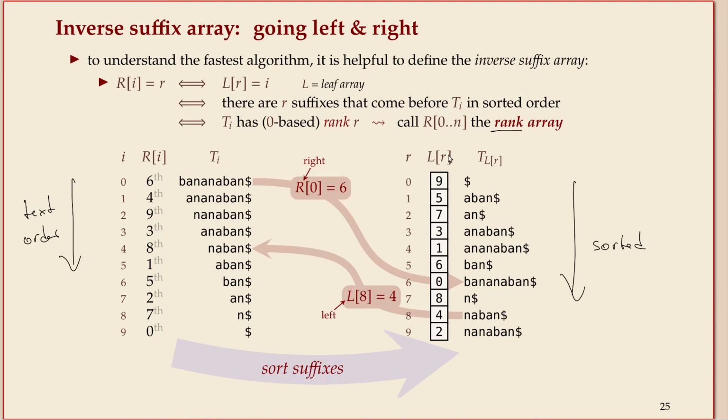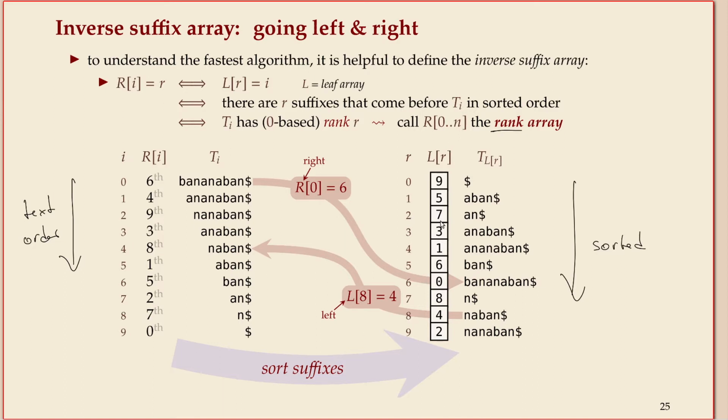And then the suffix array tells you where's the starting position of that suffix. So the smallest suffix in the text starts at position 9, it's just the dollar, and so on and so forth. And you see it occasionally happens that those two numbers match, but in general they don't. The second smallest suffix starts at position 7, for example.